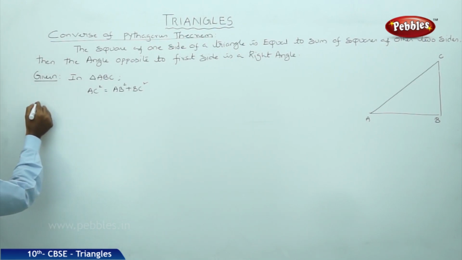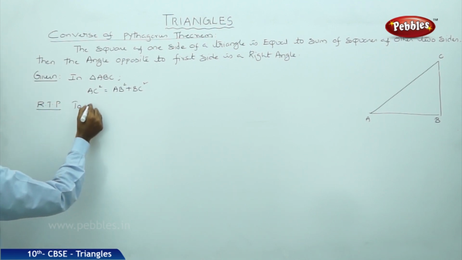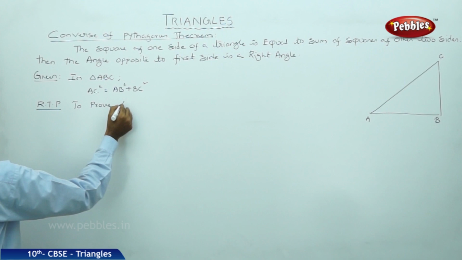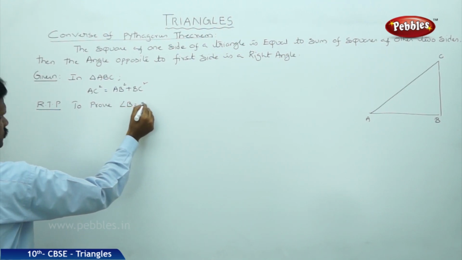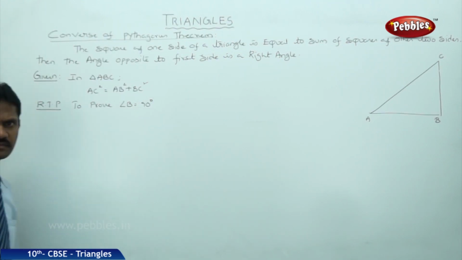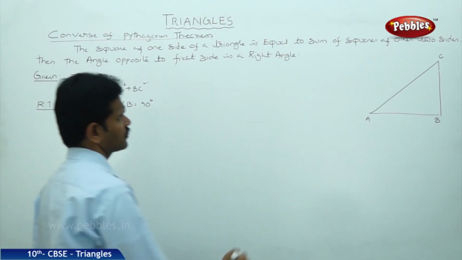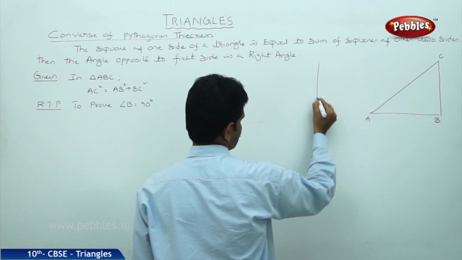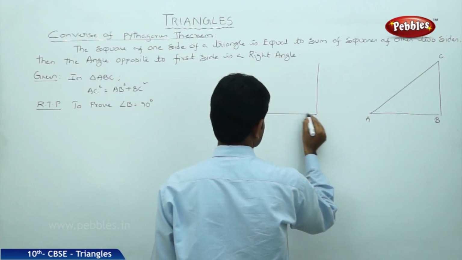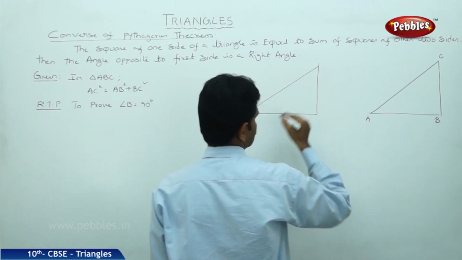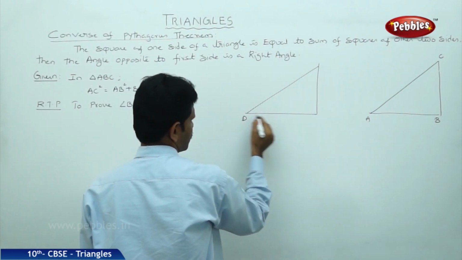Now RTP, to prove angle B equal to 90 degrees. Now let us consider another right angle triangle, name DEF.